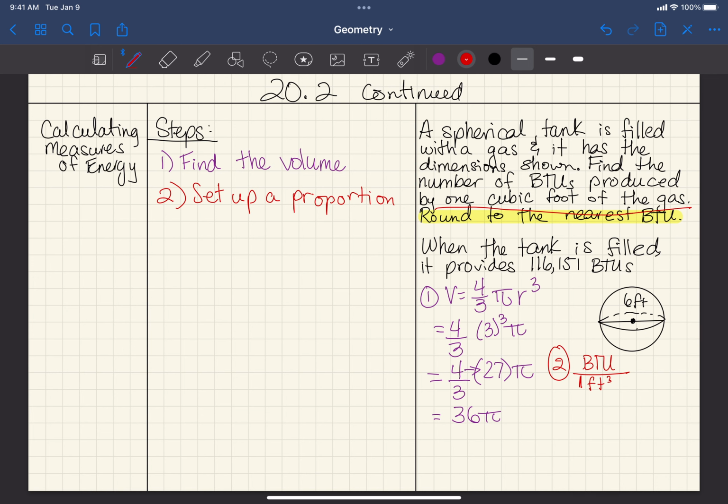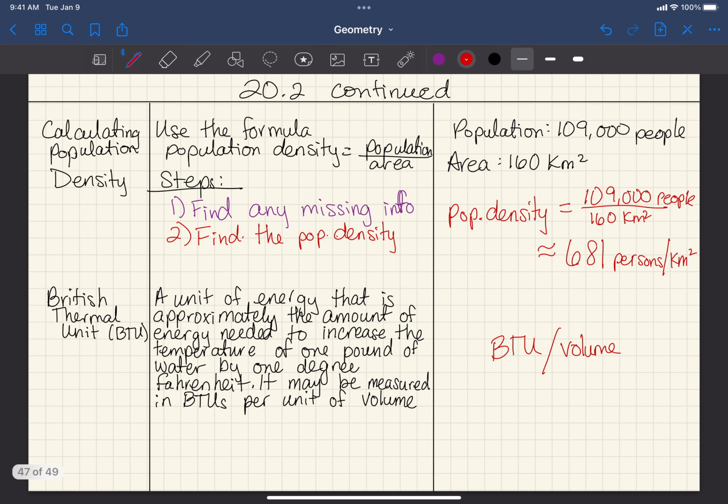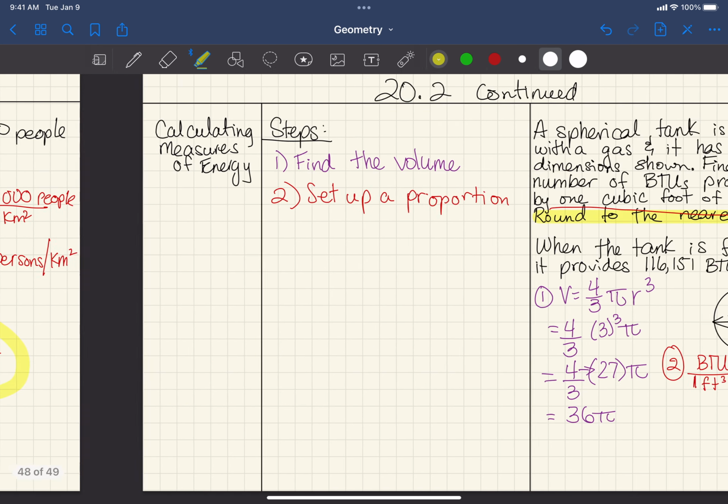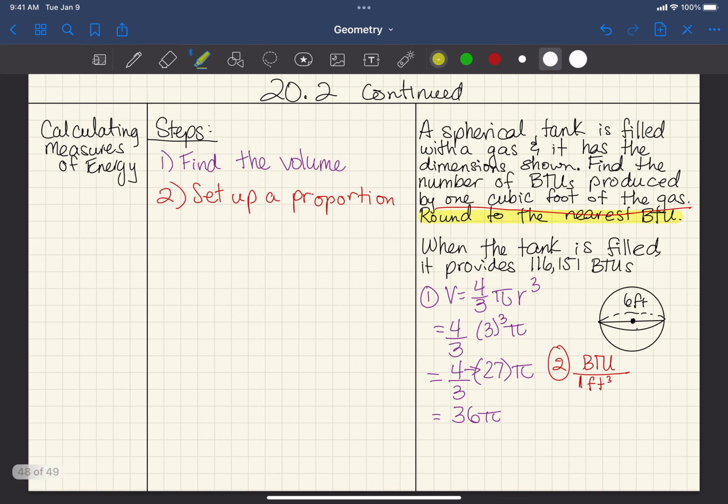Find the BTUs. The other thing is my definition specifically says BTUs per unit of volume. That's actually what I wrote over here. It's the same thing. Now, this is going to equal BTUs in the tank over the volume of the tank.